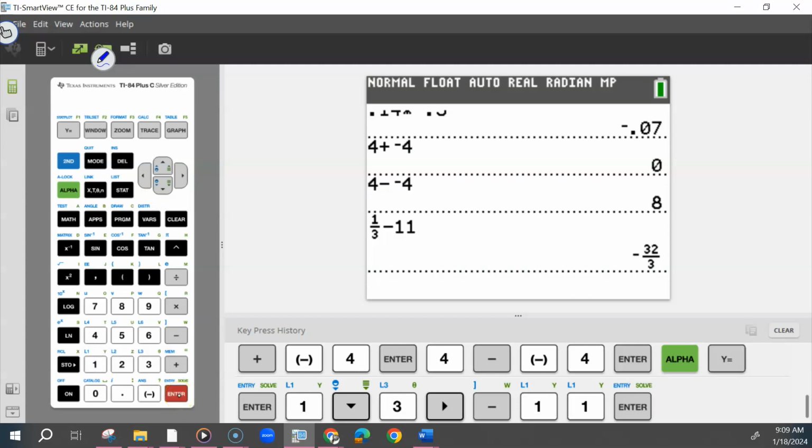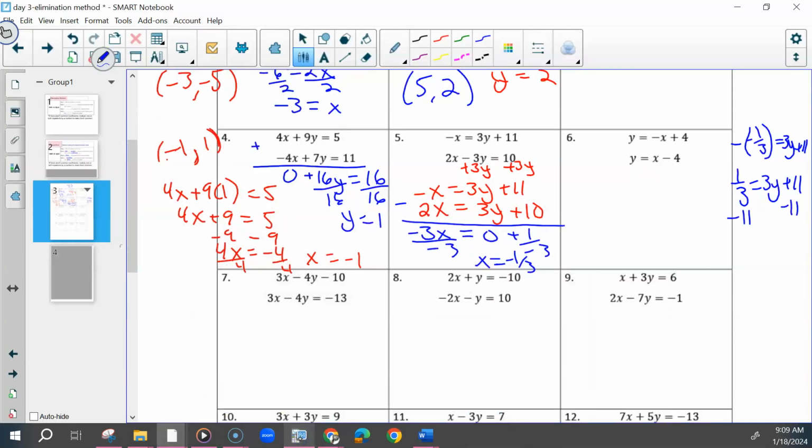So as you start to see, you get not nice fractions. And when you go to solve for y, you can do one of 2 things. Divide both sides by 3 like you would normally, and you'll end up with a fraction within a fraction, which you could put in the calculator.